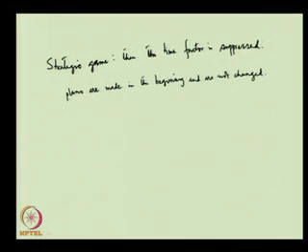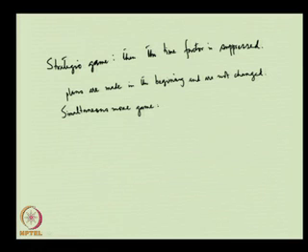The other interpretation of a strategic game is that it is a simultaneous move game, that the players are making their moves at the same point of time. So, even if they wanted to change their move according to other players' actions, they cannot do so, because the actions are taken simultaneously.